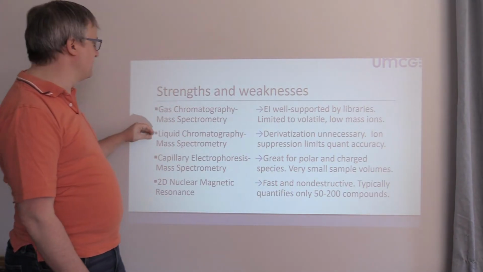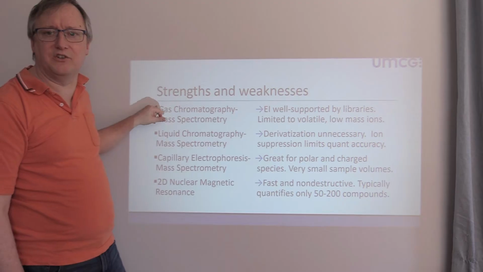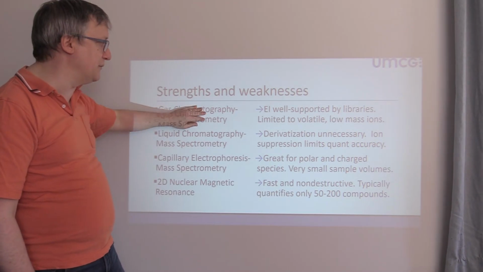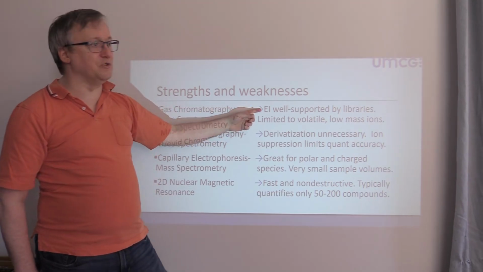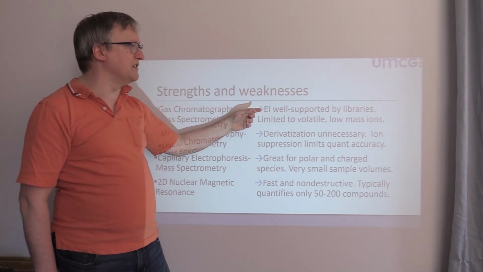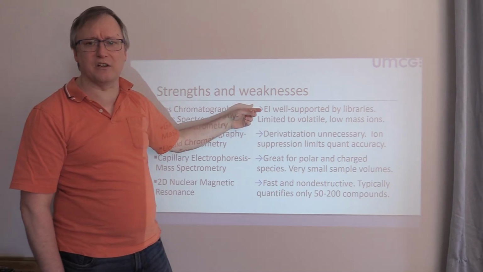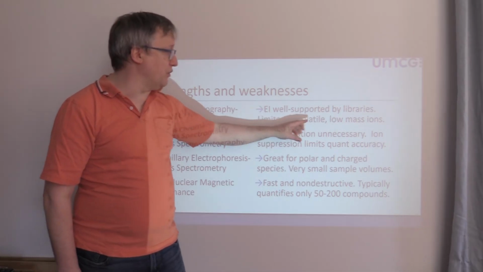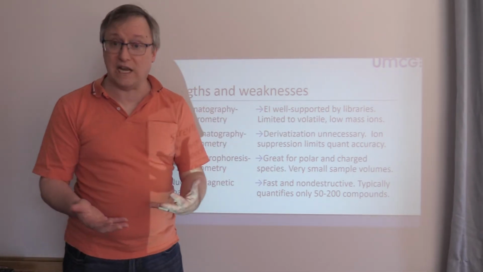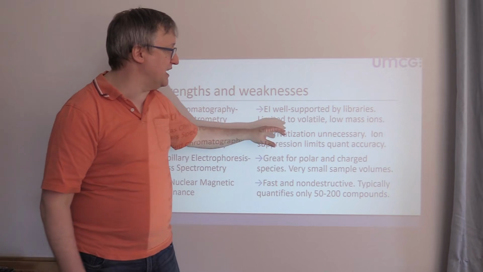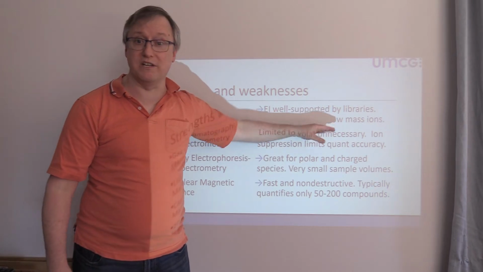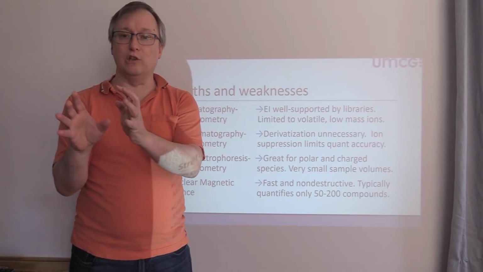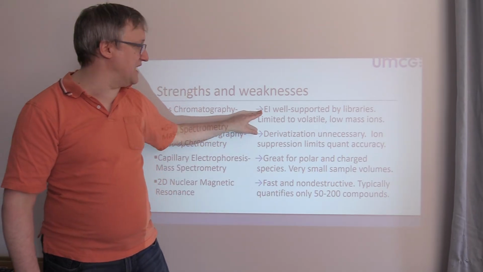So let's talk through them. Gas chromatography mass spec, GCMS, is extremely widely used for metabolomics. Now, GCMS typically uses something sometimes called electron impact dissociation, and EI is really good if you're trying to do identification of metabolites, because there are great big spectral libraries showing what a particular metabolite looks like when it's been through GCMS.